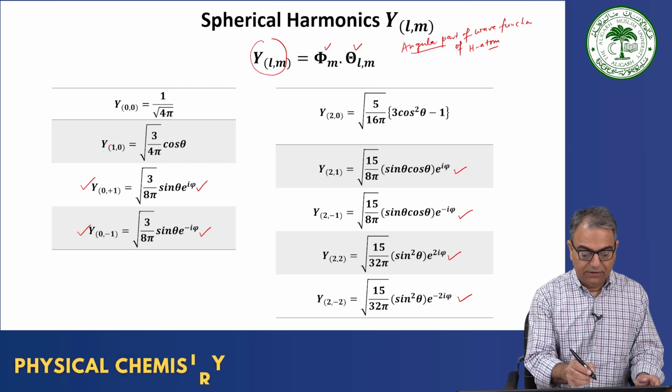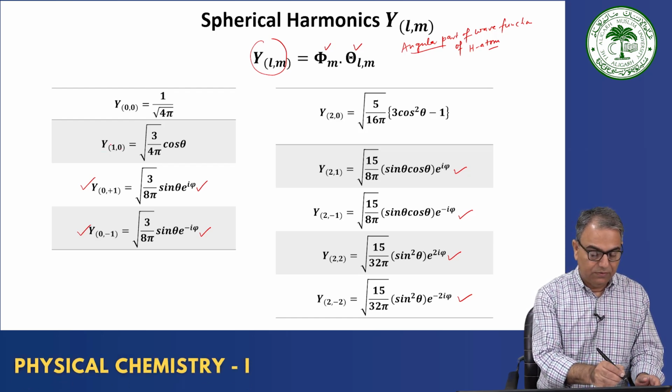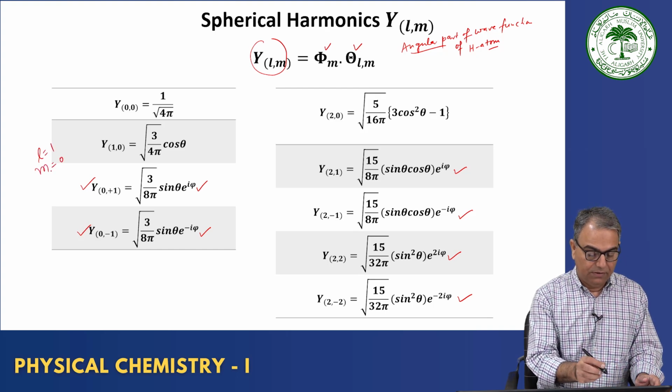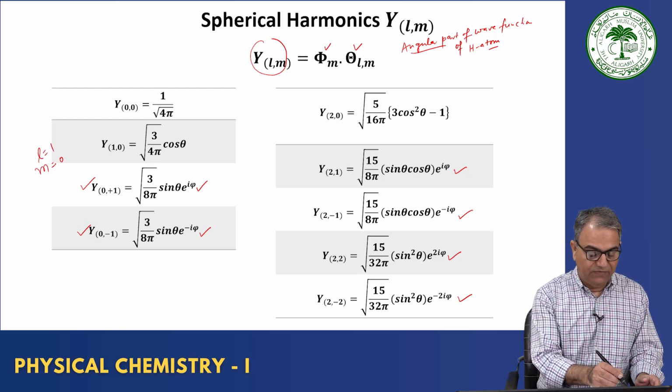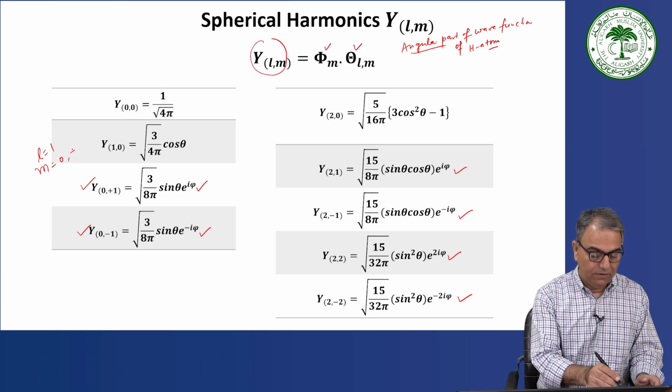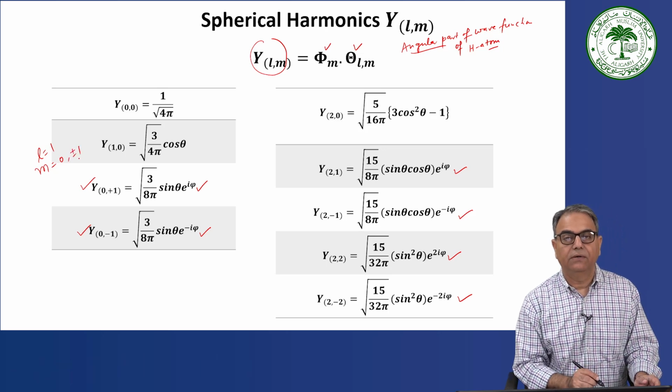It indicates your L is equal to 1, and M will have 0 and plus minus 1.